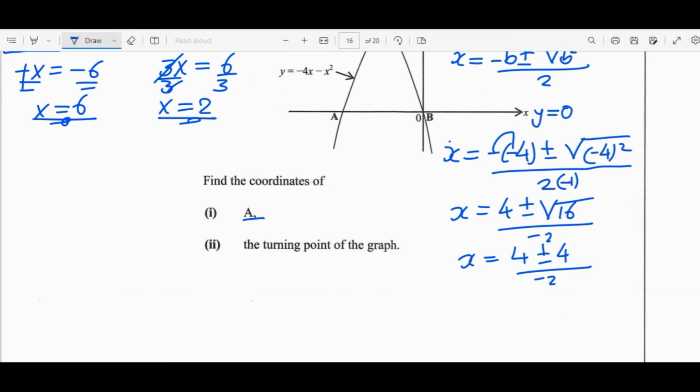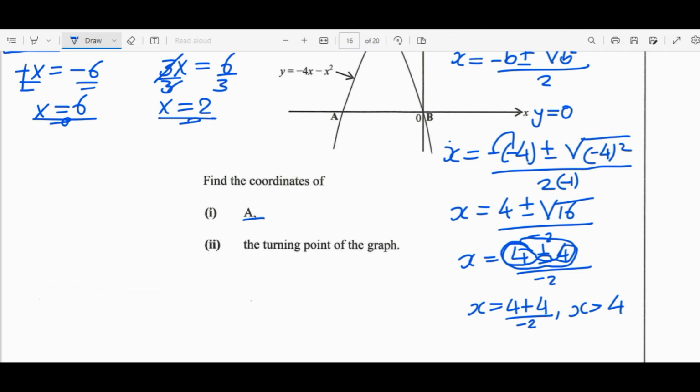Then at this point I'm going to say 4 plus 4 divided by negative 2. Then the other one will be x is equal to 4 minus 4 over negative 2. So we are just changing the other one. The first one we got positive, the second one we use negative.